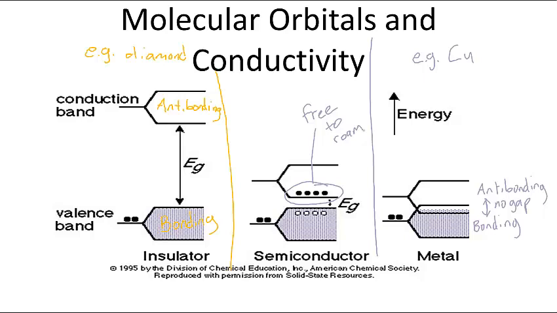So this is why semiconductors actually conduct electricity better when they're hotter than when they're cold, because the hotter they are, the more electrons can jump up to the conduction band. Whereas most metals, their conductivity gets worse as they get hotter, because now the motion of the atoms starts to interfere with the conduction. But semiconductors usually have increasing conductivity as temperature goes up, which is different from metals.